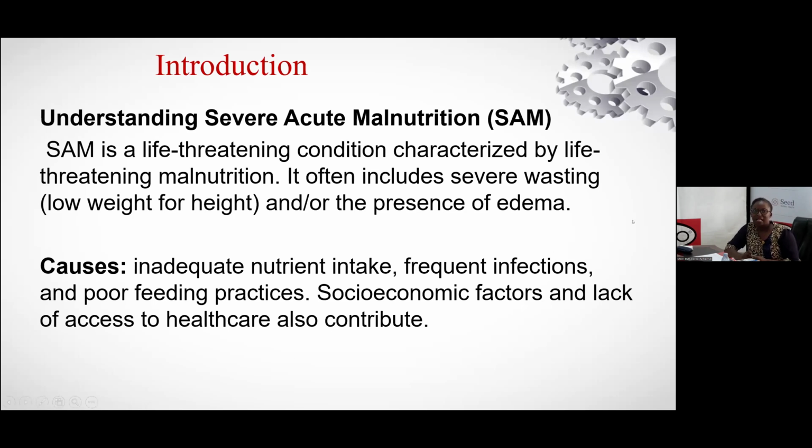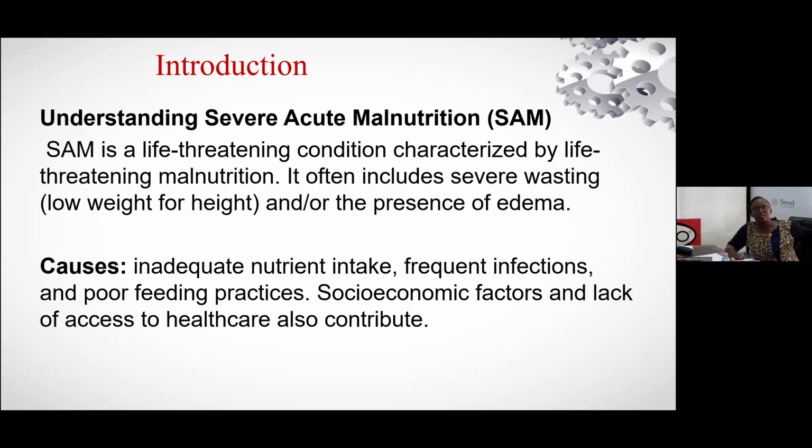SAM is basically a life-threatening condition characterized by that kind of malnutrition where we have severe wasting, where we have oedematous malnutrition, where we have the Z-score which is less than -3. You find that the weight for height is low.